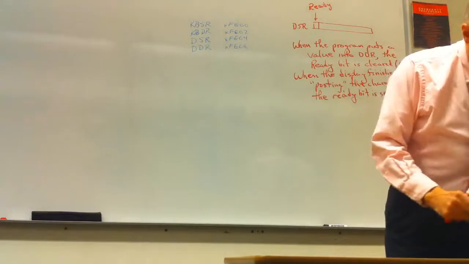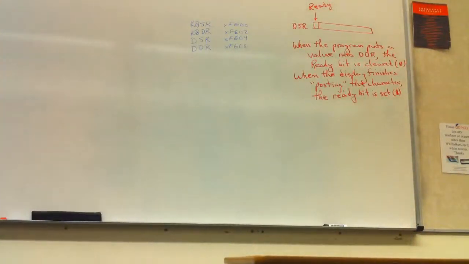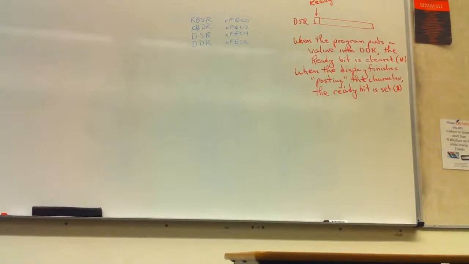So we put that in there. Okay, I'm going to put Bob in here. The B is 42, and the O is 4F.